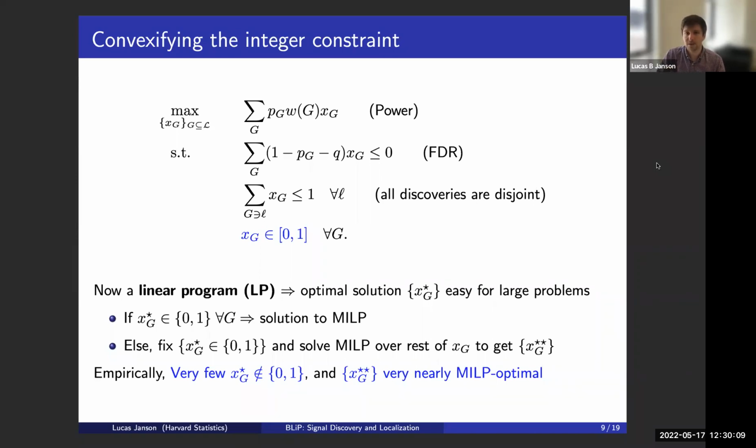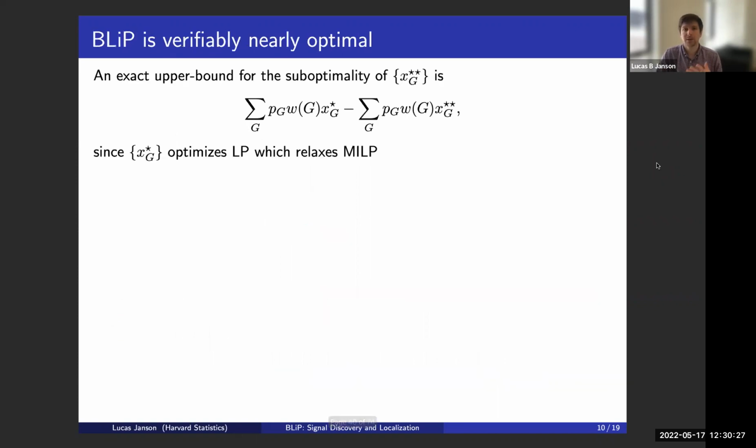The second fact, which is maybe even more important, is that this two-stage algorithm seems to achieve essentially optimal solutions for the original mixed integer linear program, the non-relaxed one that was too big to solve. The reason we know that is that we can measure exactly an upper bound for the suboptimality of xg star star, because the solution to the linear program is always an upper bound to the solution to the mixed integer linear program, since one is a strict relaxation of the other.